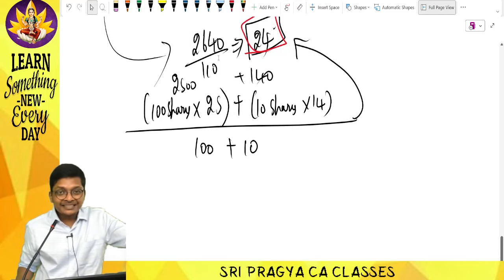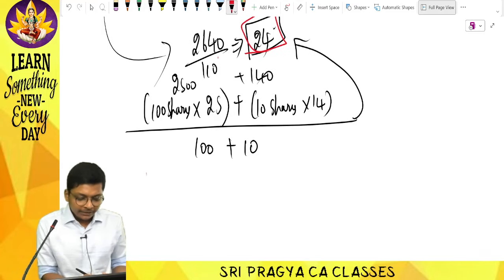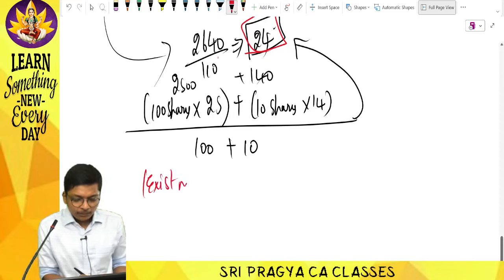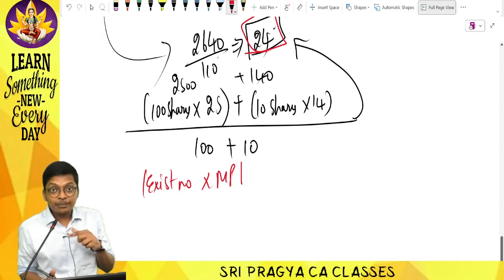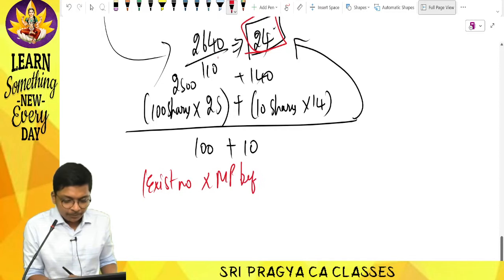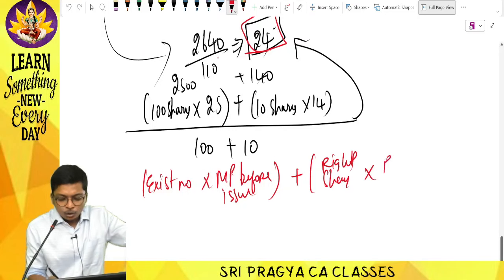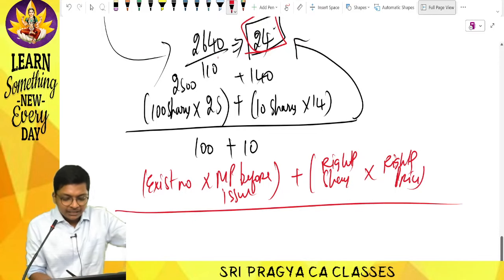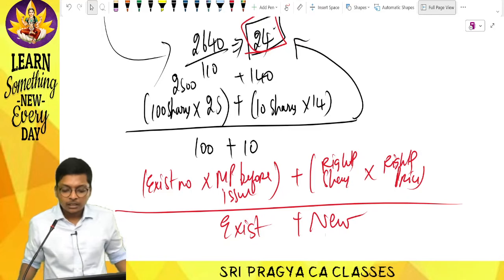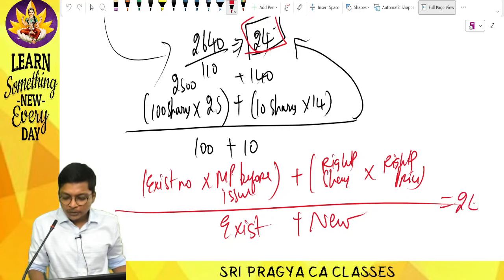Can you replace this with English? 100 shares is existing number of shares into market price. What is 25? The market price before rights issue. Market price before issue of rights plus rights shares of 10. The 10 is rights shares into rights price, which is 14, divided by existing shares plus new shares. Correct? And there you get the answer of 24.